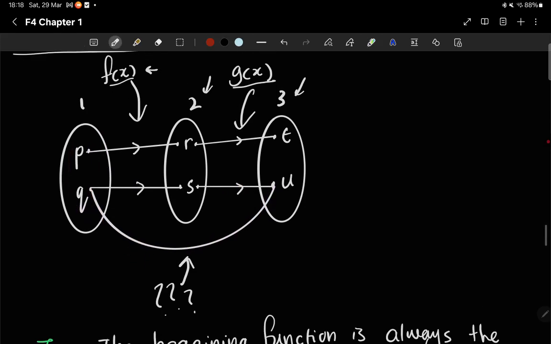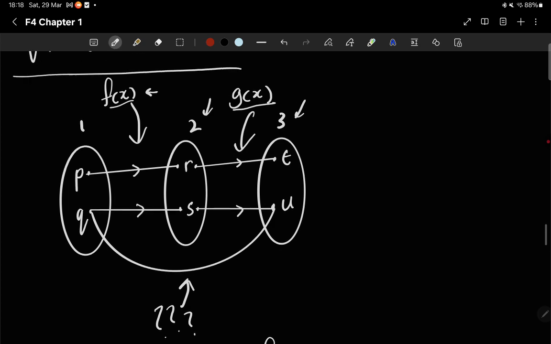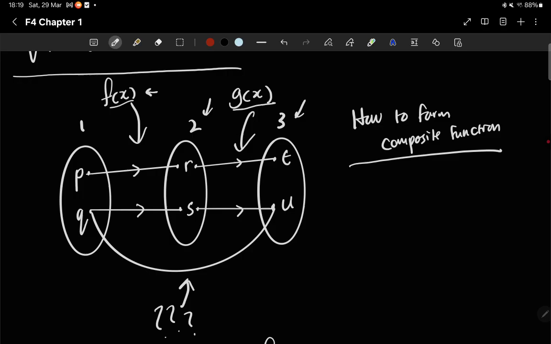So let's have a look at this visualization here. Over here, we are given f(x) and g(x). So how do we form a composite function? Well, the simple way is to think of a bridge.